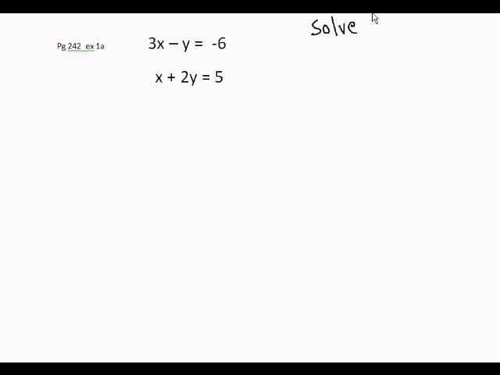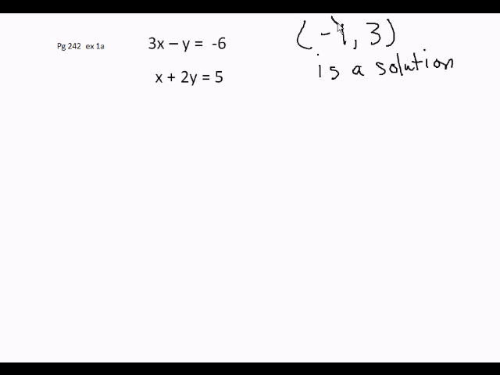I'm not going to graph it. Oh, I'm sorry. This first problem is not even a solve problem. It says determine whether negative 1, 3 is a solution. So a solution means is negative 1, 3 an answer?